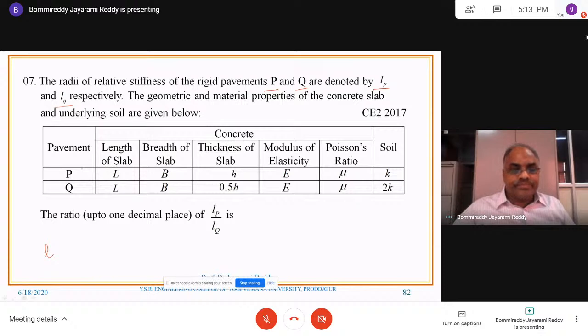are given below. So for pavement P, the slab length is L, width B, thickness is H, modulus of elasticity E, Poisson's ratio mu, and subgrade reaction K. For pavement Q, length is same, breadth is same, but thickness is reduced to 0.5 H. Modulus of elasticity also same, Poisson's ratio same, but the soil subgrade reaction below is 2K.